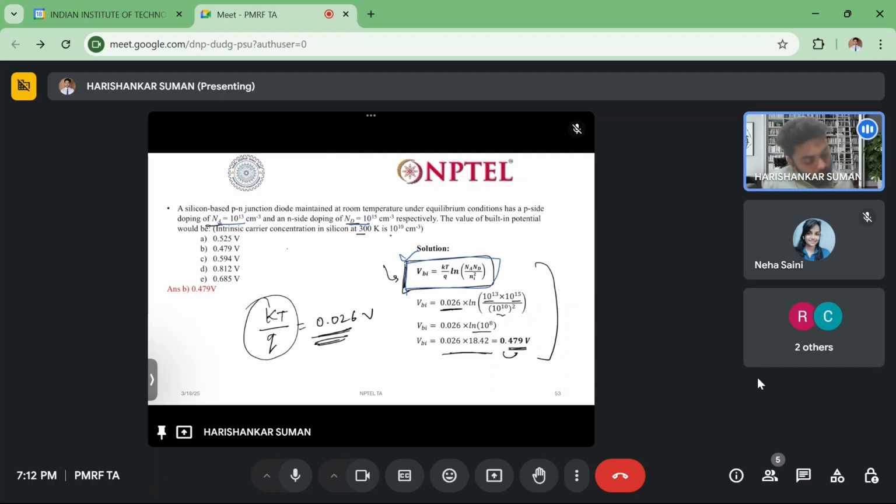Put these values, and at 300 Kelvin kT by q will be 0.2026 volt. Put these values in this equation, you will get the built-in potential V_BI as 0.479 volt. Okay.